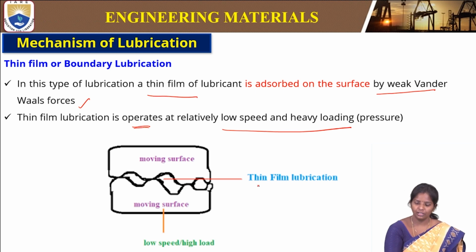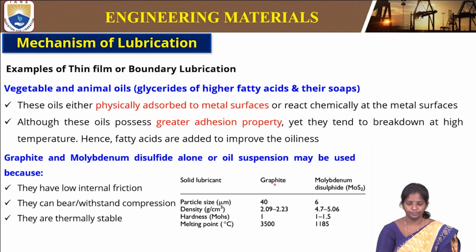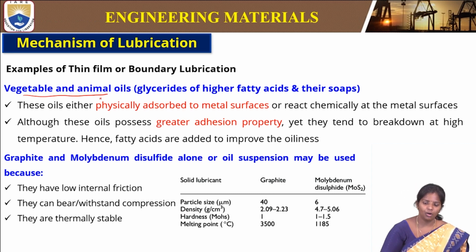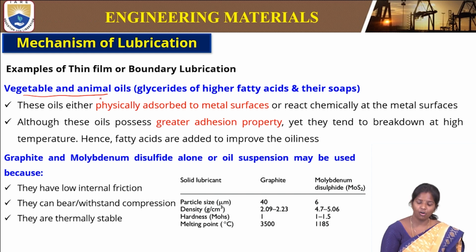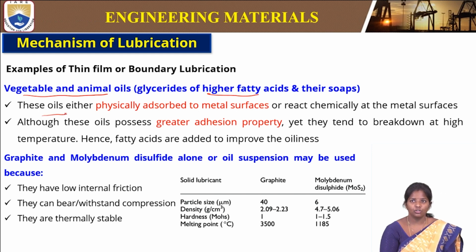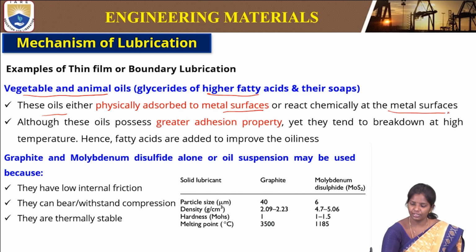So this forms the thin film lubrication. Examples for thin film or boundary lubrication are vegetable oils and animal oils, glycerides of higher fatty acids and the soaps. These oils either physically adsorb on the metal surfaces or chemically react at the metal surfaces.